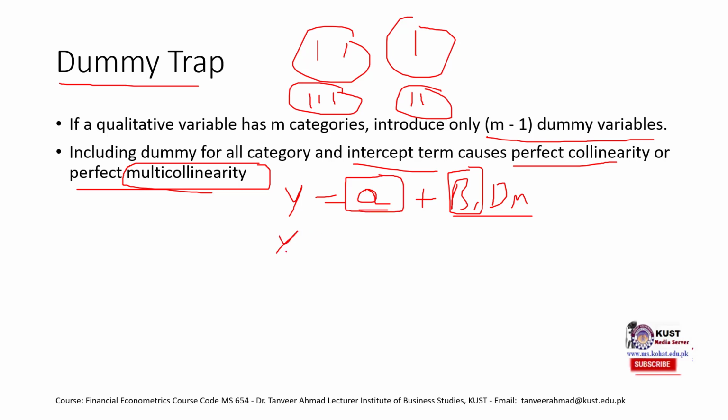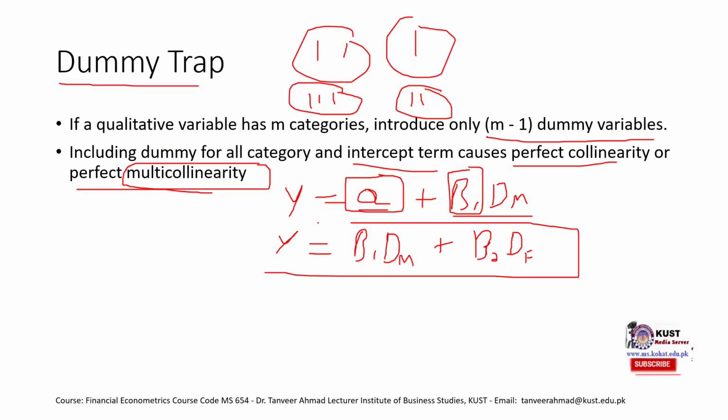The another way is to have two dummy variables. So we would have a dummy for male and we would have dummy for female, but we would not include the intercept term, right? So, but the interpretation in both these cases is different.